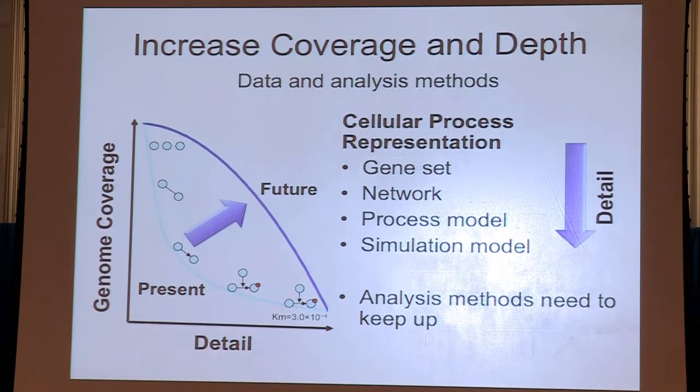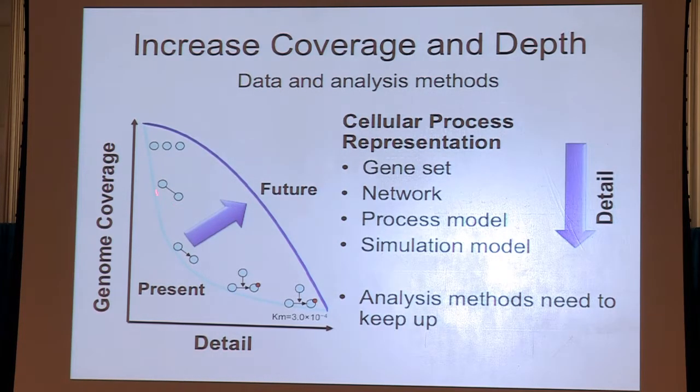If you work at a very high level of detail, you don't have a lot of genome coverage. So there's this trade-off between how much genome coverage you have and the detail of the pathway information. Gene sets right now provide the most annotation for the most genes, and so they are most useful for genomics data, and that's why they're most popular.